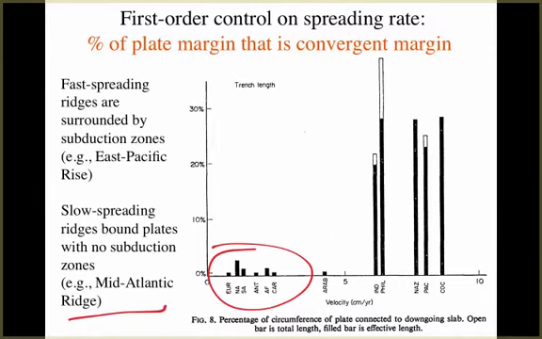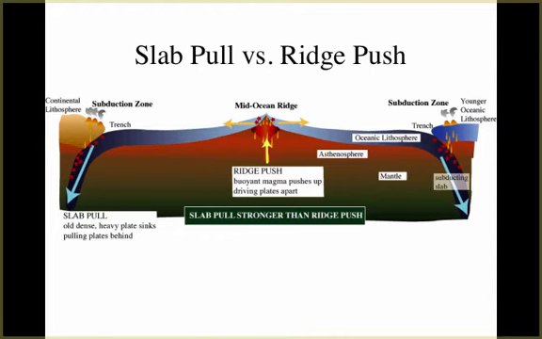Ridge. This gets at the issue of slab pull versus ridge push driving the systems. Is it the buoyant magma pushing up beneath these spreading centers that is driving plate motions, or is it the pull of a downgoing subducting plate that is being metamorphosed, becoming more dense, and pulling the plate behind it?